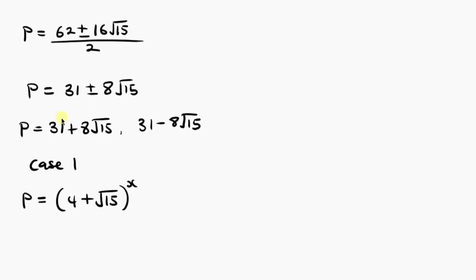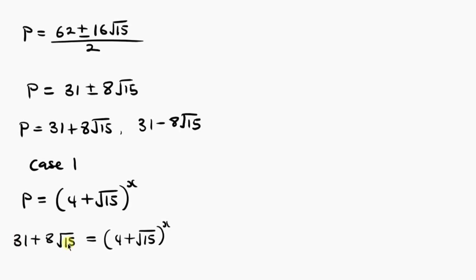So this first value we have is 31 plus 8 root 15. Equal to, now this is (4 plus the square root of 15) raised to power x. Now, there is something very, very important that we need to do. And what is that? I need to split this 31 such that it has 15 in it.